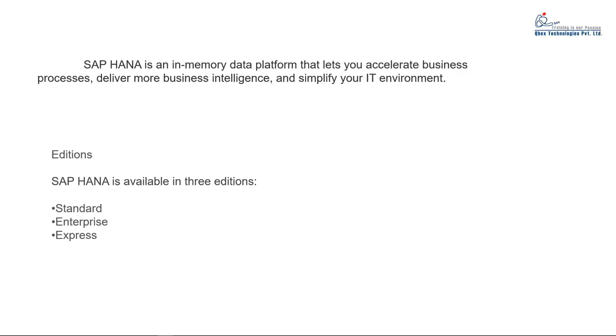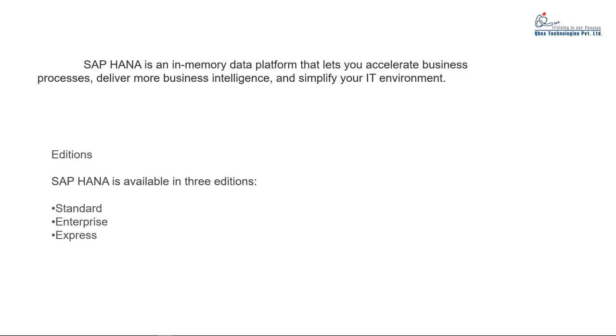We just need a system with 32 GB RAM max, and we can deploy Express Edition at home and have our own HANA system. It's a smaller version of the HANA database that you can deploy for practice and to develop your applications, but it is not for a real-time production environment.